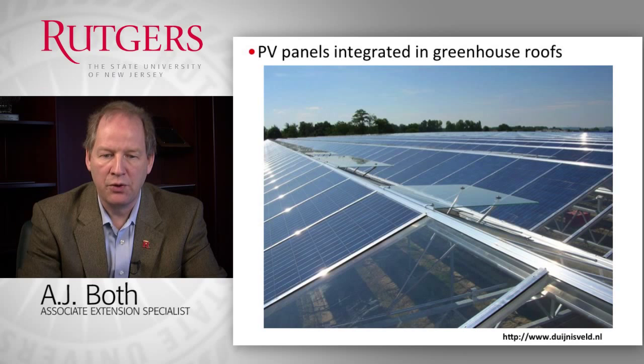The first one I show you may be a little bit counterintuitive. These are PV panels, or photovoltaic panels, installed directly on top of the greenhouse roof. Typically we design greenhouses for maximum light transmission. So by installing these opaque photovoltaic panels on the south-facing sections of the roof, we reduce the overall light transmission into the greenhouse.